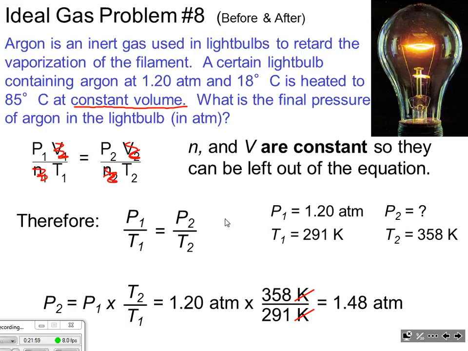Yeah, Garrett? So how did you get T2 over T1 like that? He's asking why do I have it like this right here? Okay, I could have just simply done this.